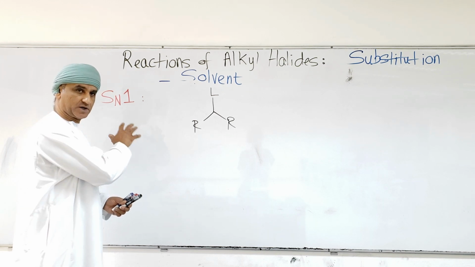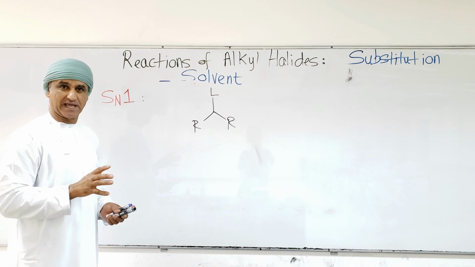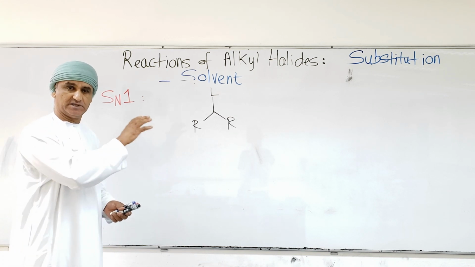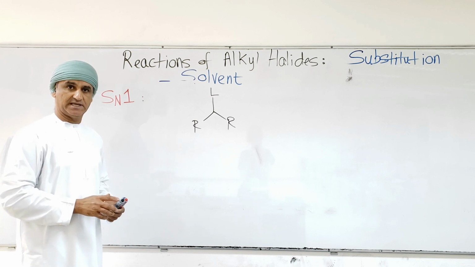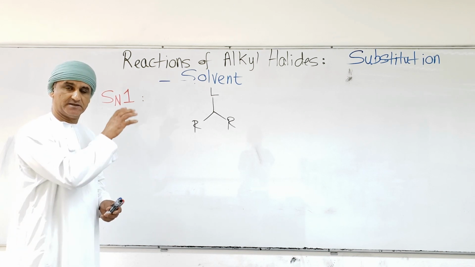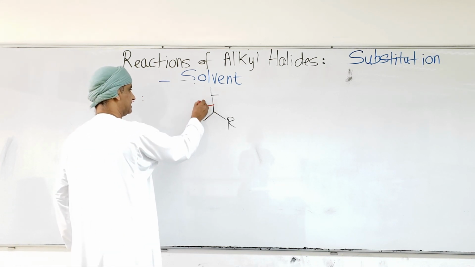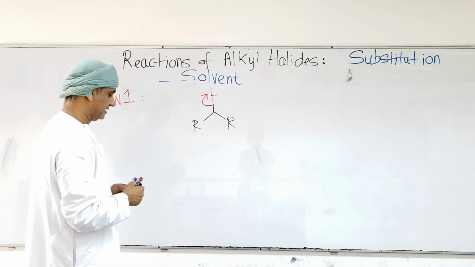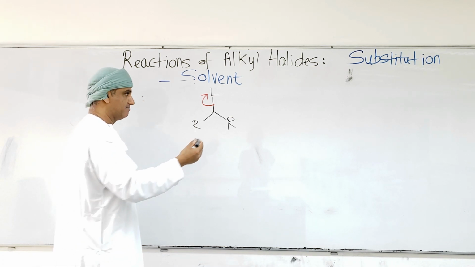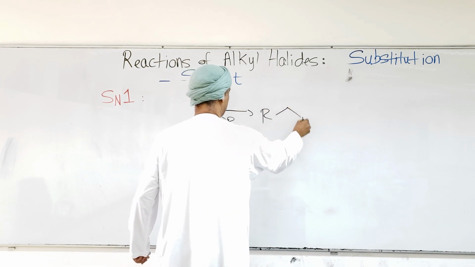The Sn1 mechanism is a two-step mechanism, unlike Sn2, which means the nucleophilic attack and departure of the leaving group do not take place at the same time. The first step is departure of the leaving group, so the C-L bond breaks, and a carbocation is formed.